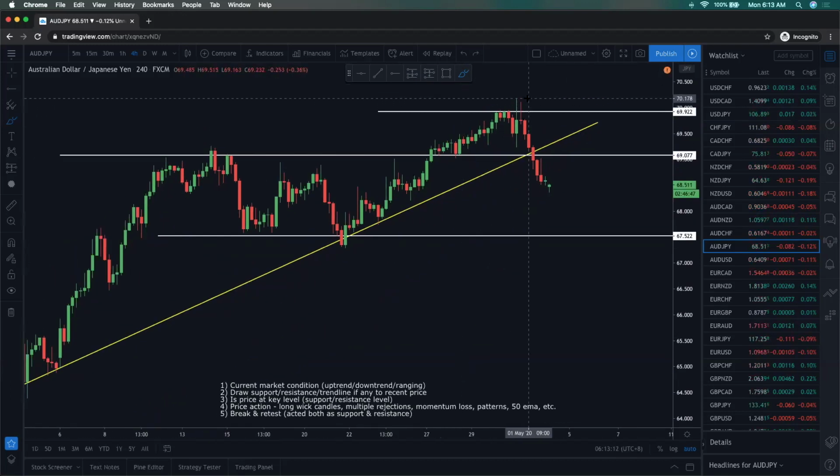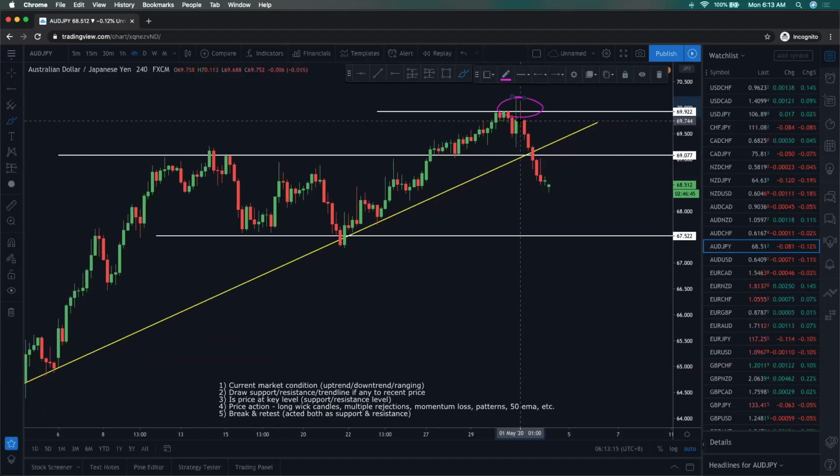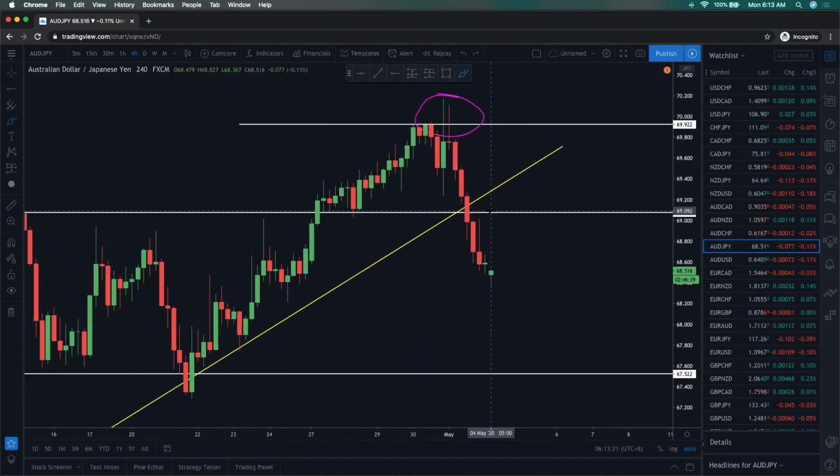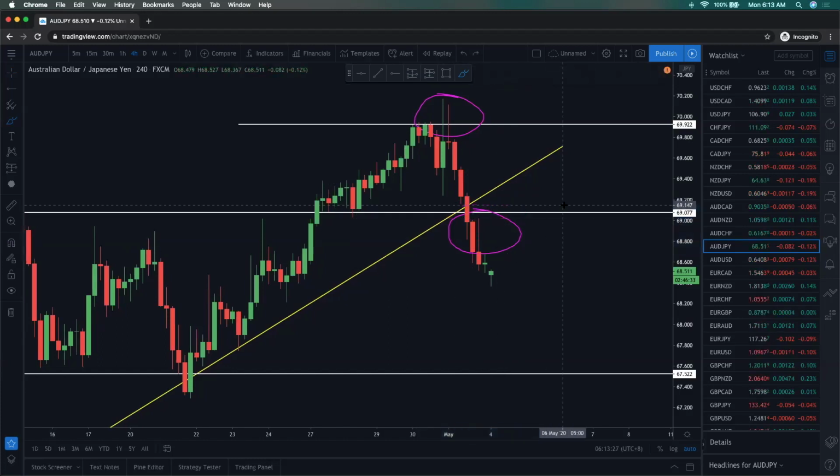So same goes to here. Price shows rejection, price pushes down, and then we need to wait for the retest. So where's the retest? As you can see from here, there's a long wick candle here, rejecting this area here, the area of resistance. Price broke support and is rejecting this area of resistance.